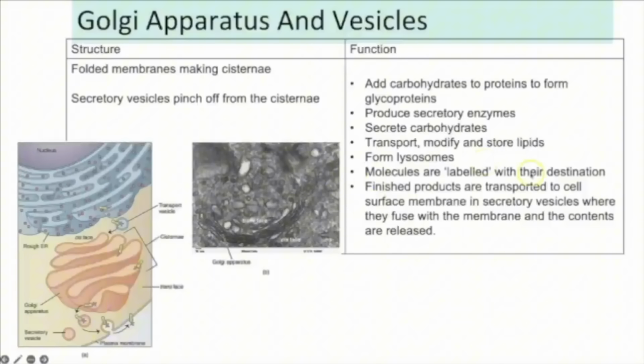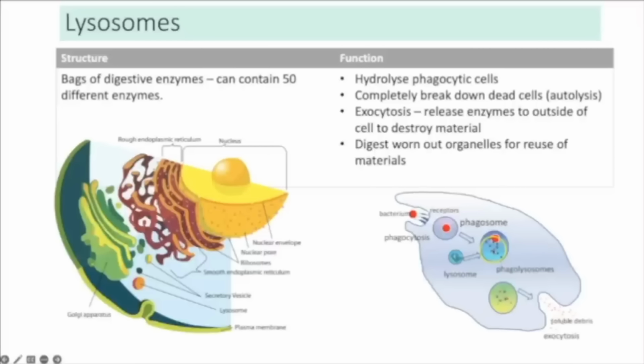That releases the digestive enzymes to hydrolyze and destroy pathogens. They're also involved in completely breaking down dead cells. And then once they have hydrolyzed and digested whatever it is that they're breaking down, the lysosome will fuse with the cell membrane, and that will release its contents to the outside of the cell.